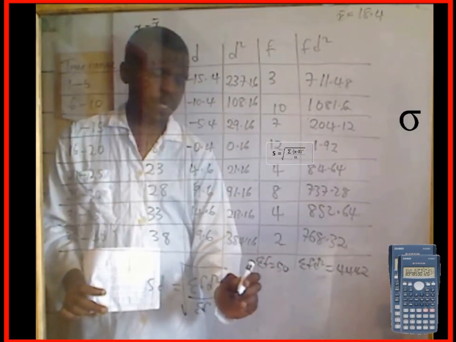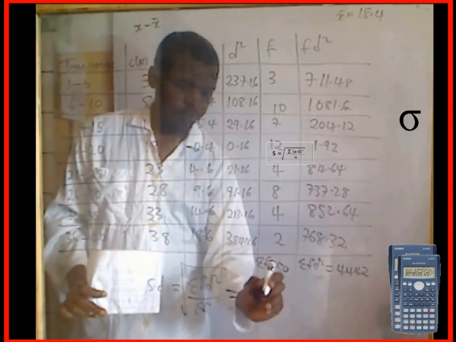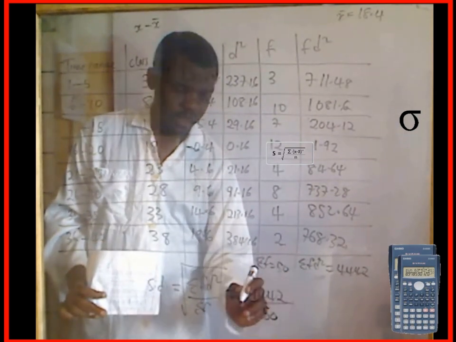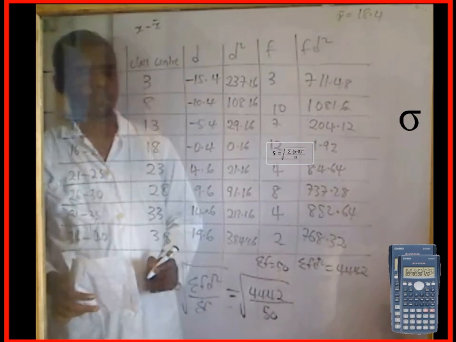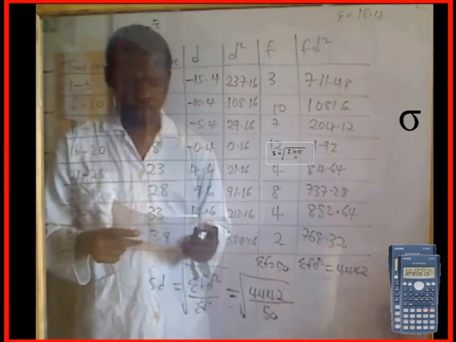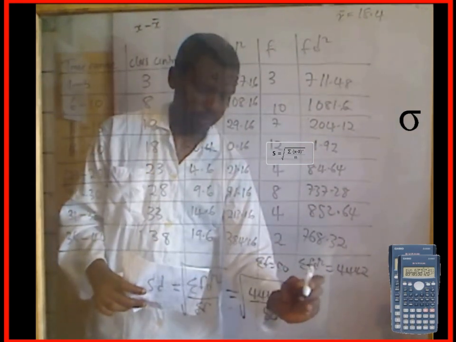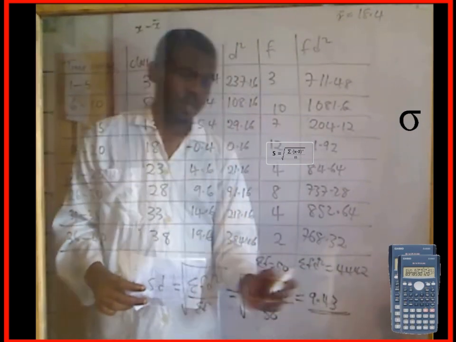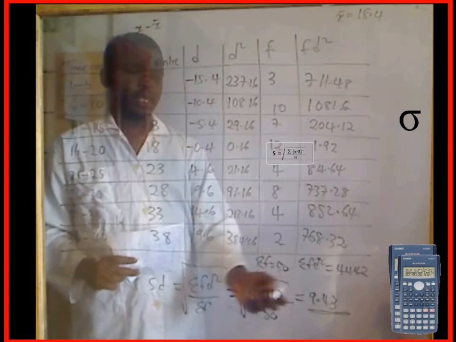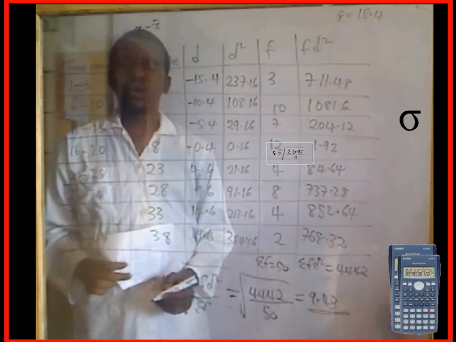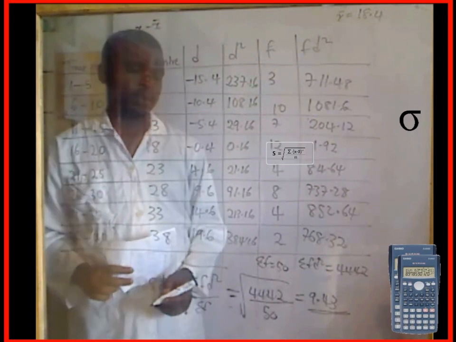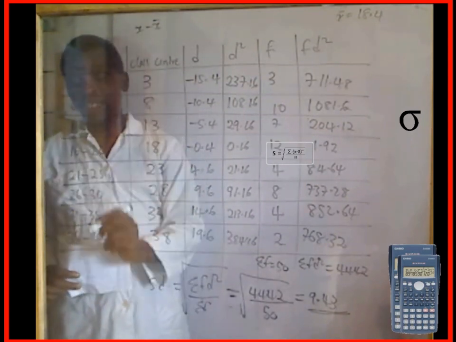This will give me 4442 divided by 50, then take the square root. 9.43. This is the standard deviation for data given in a frequency table. For group data given in a frequency table.